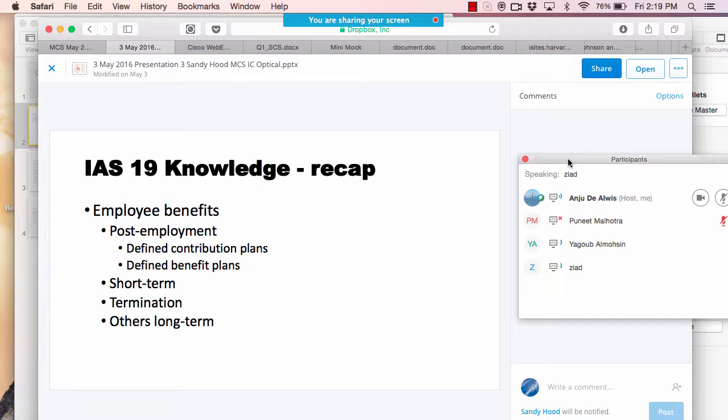Mm-hmm. Right. Now, provided they are unbiased. Correct? Yes. Now, what about our NEDs? How are they? The non-executive directors that we have got, are they unbiased, or do you think they are biased? They may be biased.